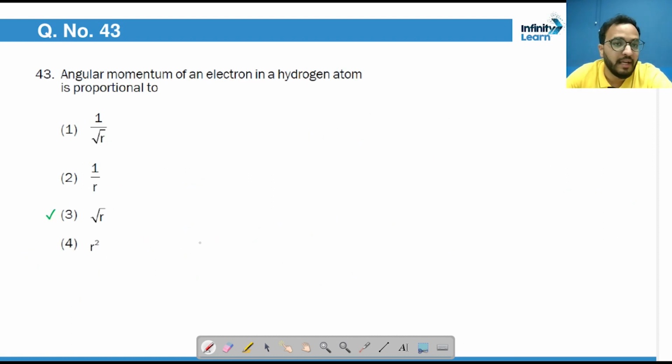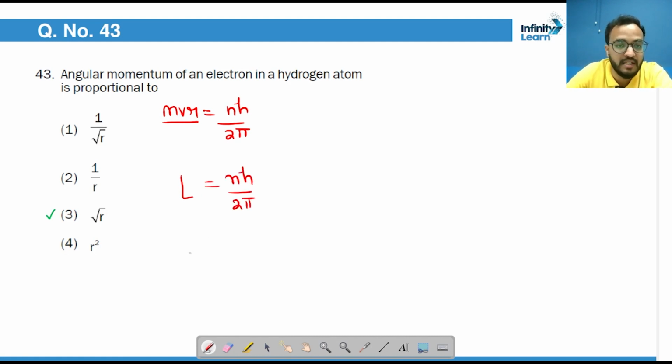Clear. Angular momentum of electron in hydrogen atom is proportional to, see, angular momentum is mvr is equals to nh upon 2 pi. So from here you can say this is angular momentum mvr. So angular momentum is capital L. This is equals to nh upon 2 pi.